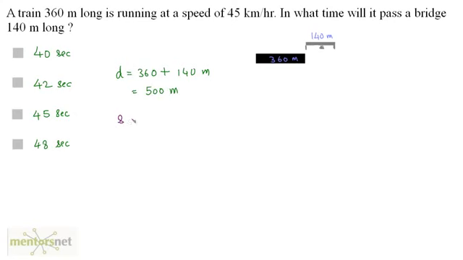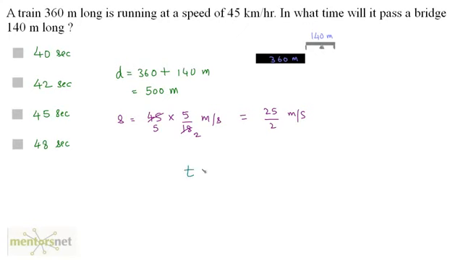Now speed is given to us as 45 kilometers per hour, and that's 45 times 5 by 18 meters per second. 9 times 5 is 45 and 9 times 2 is 18. That's 25 by 2 meters per second. Now we have the speed and the distance, and we have to calculate the time.